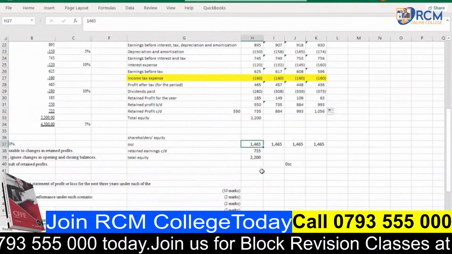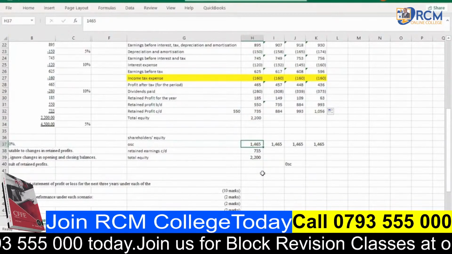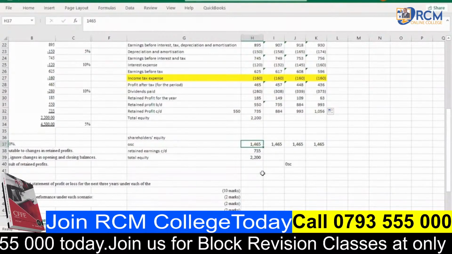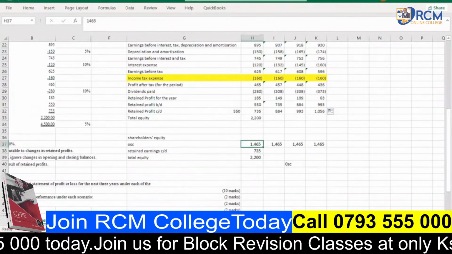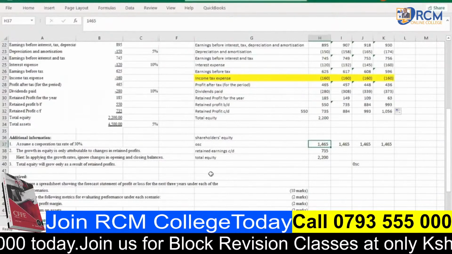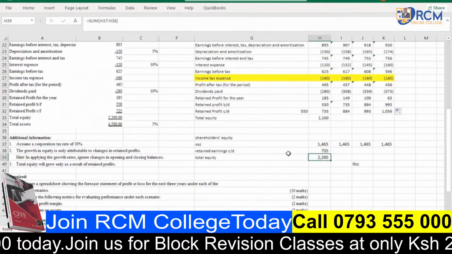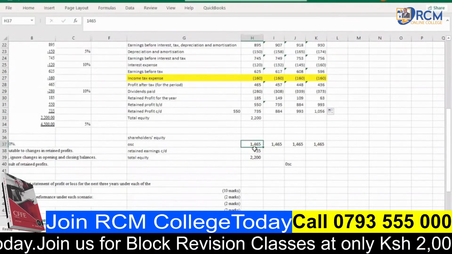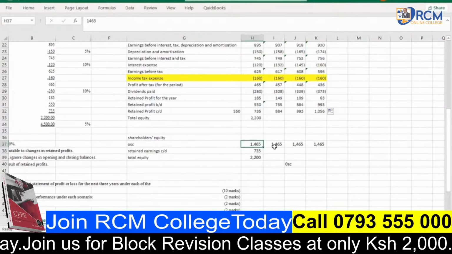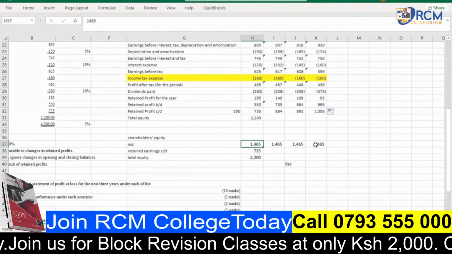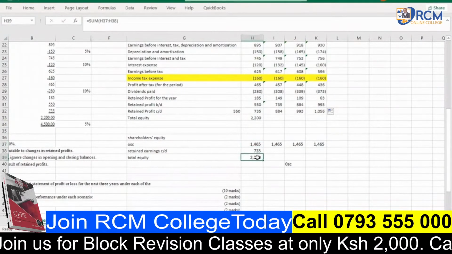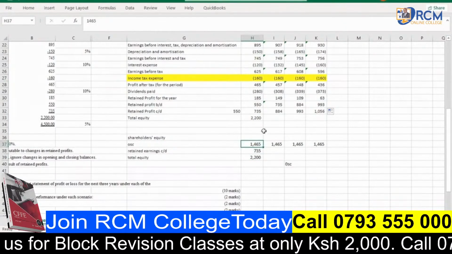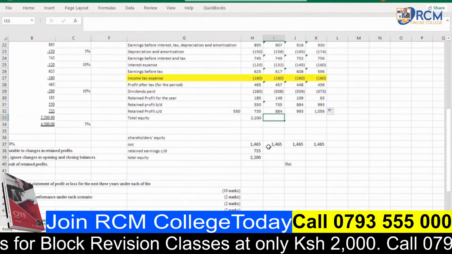Assuming this is a public limited company, you know very well ordinary share capital is always fixed. And the examiner is telling us that an assumption is given that the changes in the total equity will not be as a result of ordinary share capital. No, it will be as a result of changes in retained earnings. So our ordinary share capital will be constant all through. So tukitaka kupata total equity, tutachukua ordinary share capital plus retained earnings carried down. Do we have that ordinary share capital? Tushaipata hapa.